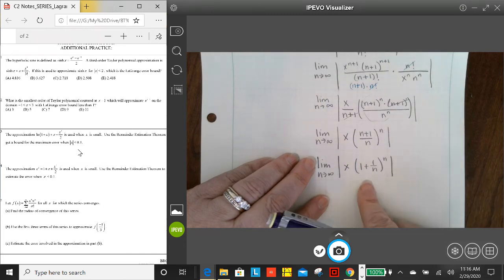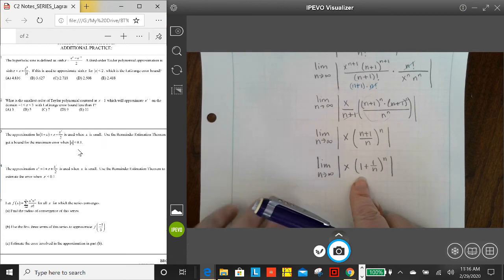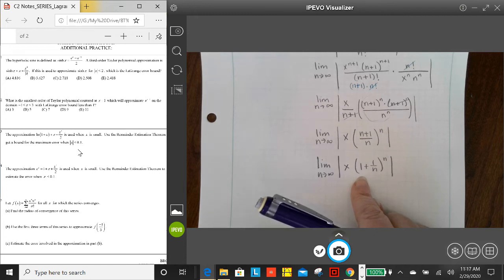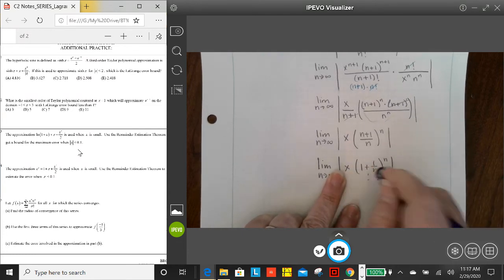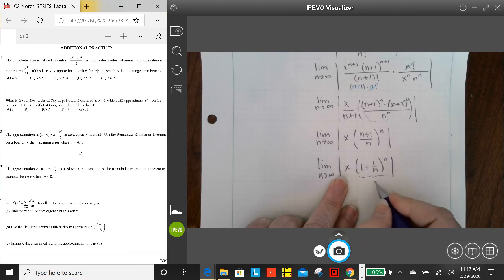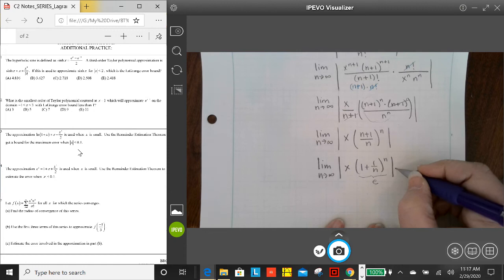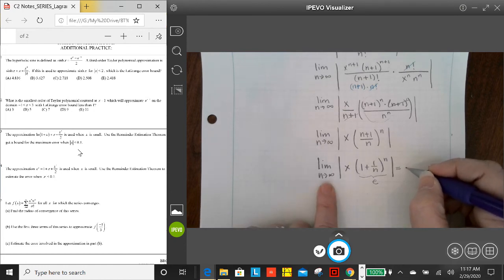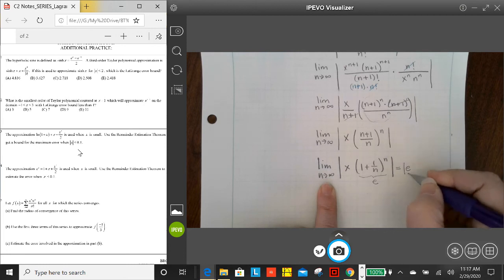And I've been saying since folks were in pre-calc that this is a limit we need to know how to do, or know its value. And its value, believe it or not, if you did L'Hopital's rule and figured it out, is e. So as n goes to infinity, x is a constant, and so we get the absolute value of ex.